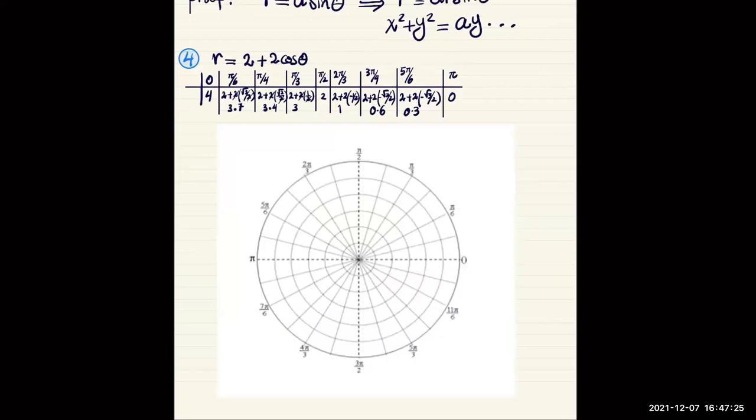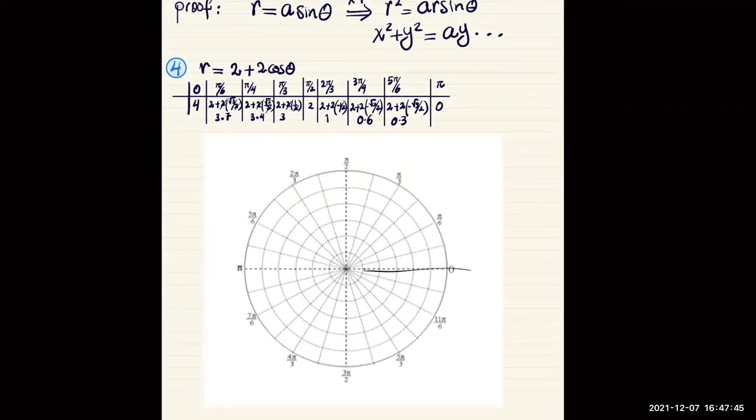The good news is that none of these r's are negative. We are not dealing with a negative r where you have to go inward, in the opposite direction of the terminal side of theta. So that makes the problem easier. When theta is 0, you go 4 units: 1, 2, 3, 4.